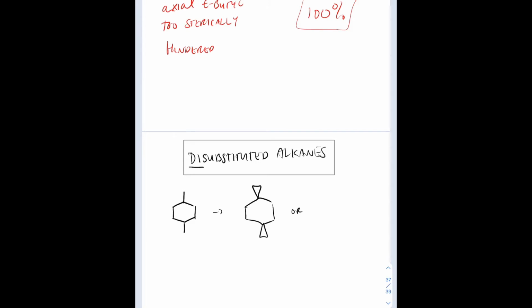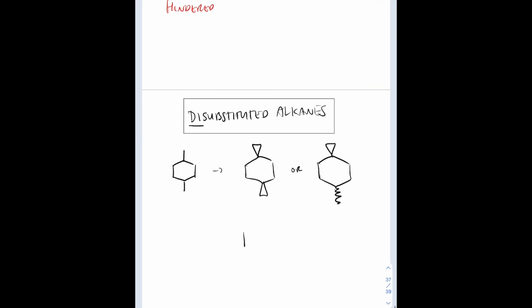We can draw a wedge and a wedge, or we could draw a wedge and a dash. Technically we could draw a wedge and a wedge, but these are actually the same. You just need to flip one of them over and it would be basically the other one.